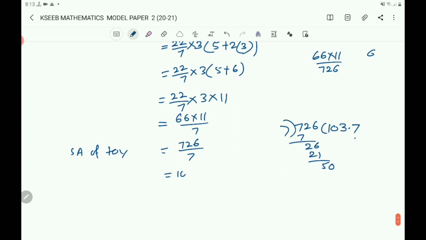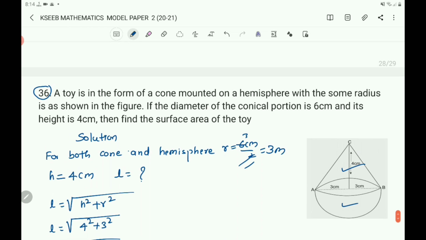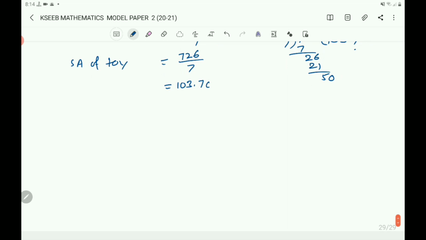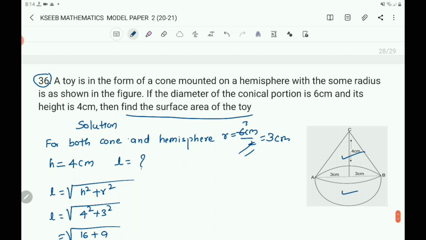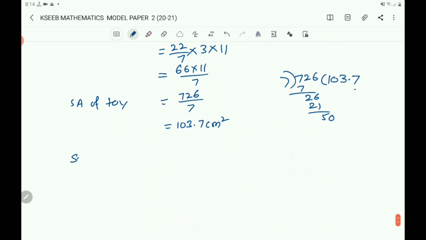Approximately it is equal to 103.7, and the units are in centimeter, you write cm square. The question asked is, find the surface area of the toy. So you can write that the surface area of the toy is 103.7 cm square.